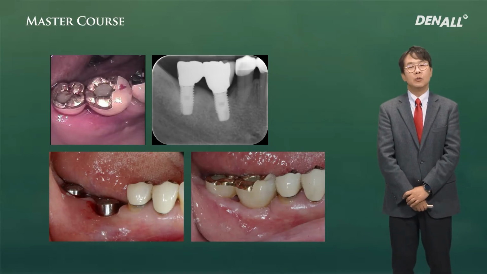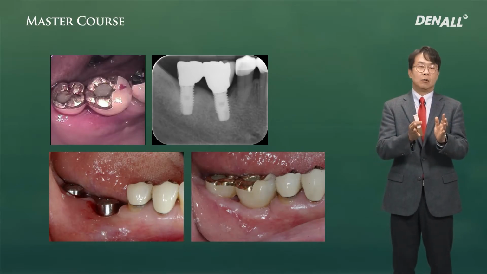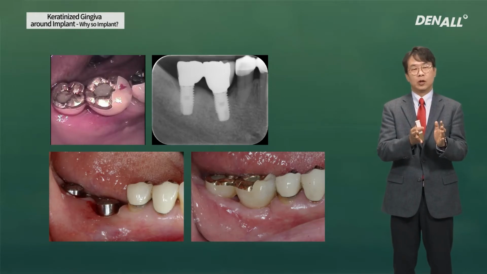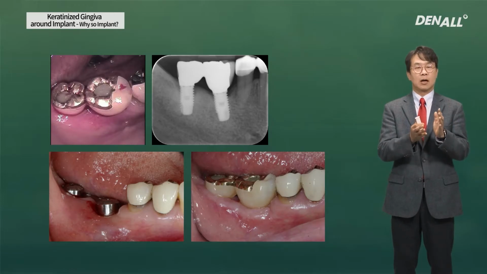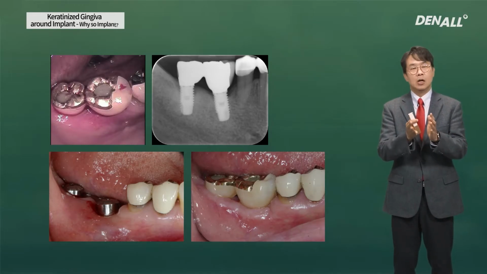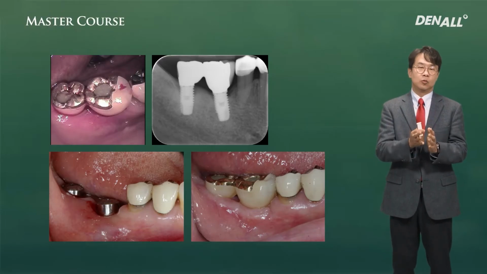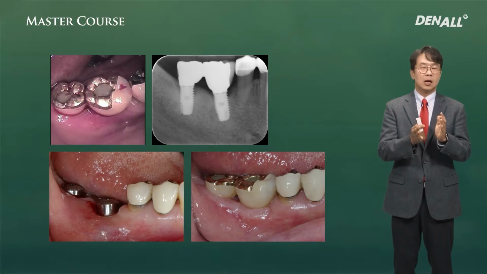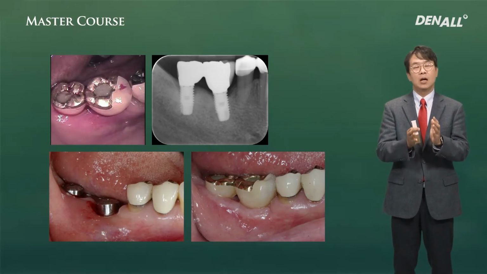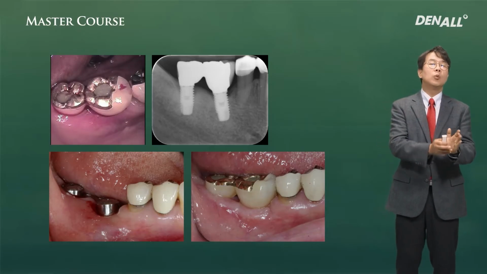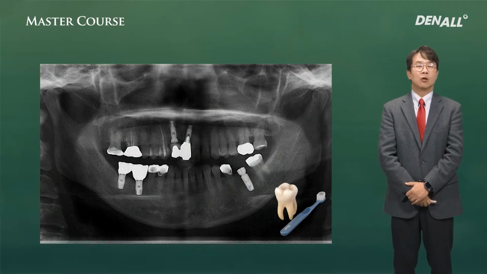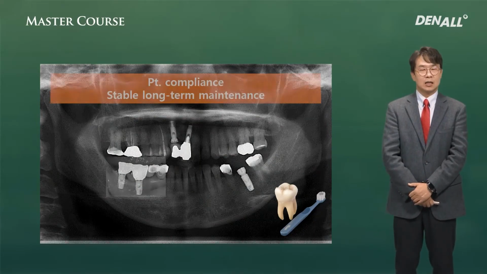If you look at the clinical case of a patient, the most posterior area, number 7, where implant is placed, there is hardly any keratinized tissue, number 6 as well, and the keratinized tissue is grafted, and patient can do better oral hygiene on that side, so no more inflammation or bone loss occurred.